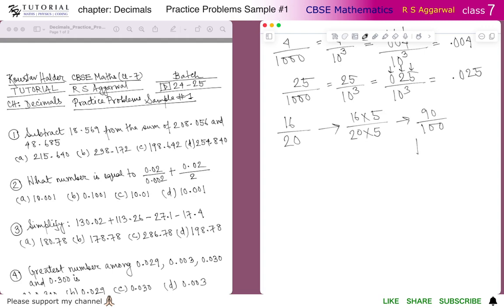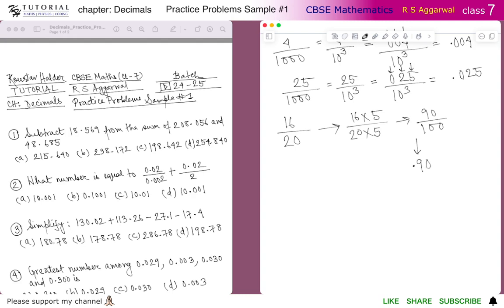Now this is a decimal fraction, 90 by 100. Now I will apply the concept I just discussed and convert it to a decimal. How? I can see that the number of digits in the numerator is the same as the number of zeros, or the power of 10, in the denominator. So we need not do anything, and we will just put the decimal point in the numerator 2 digits from the right. So it becomes 0.90.